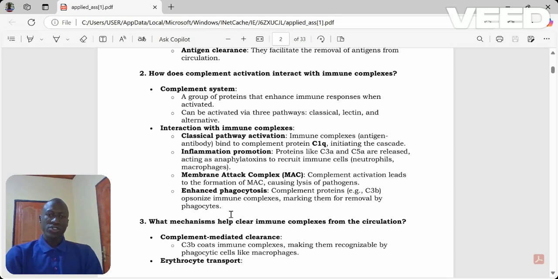So, the interaction with immune complex. Classical pathway activation: the immune complex, antigen-antibody, binds to complement protein component C1q, initiating the cascade.